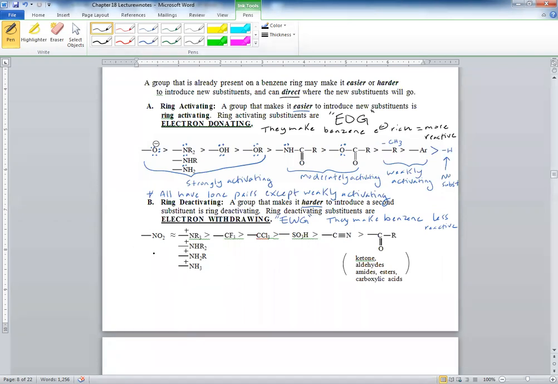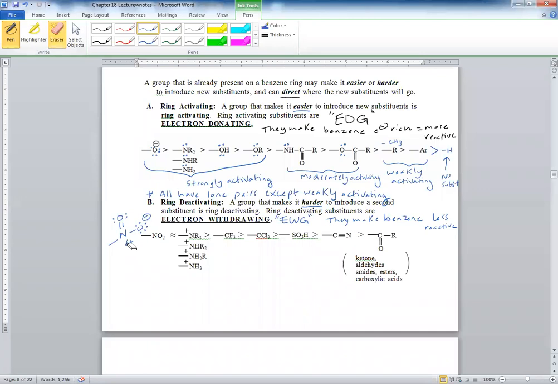They begin with NO2, the nitro group. If you draw it out, it looks like this. This is delta positive.